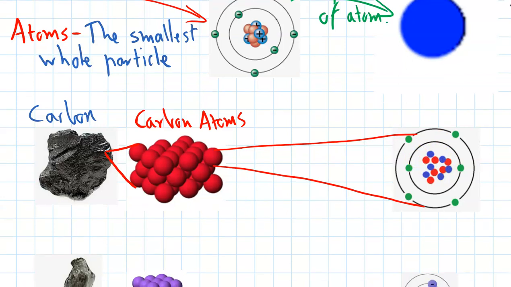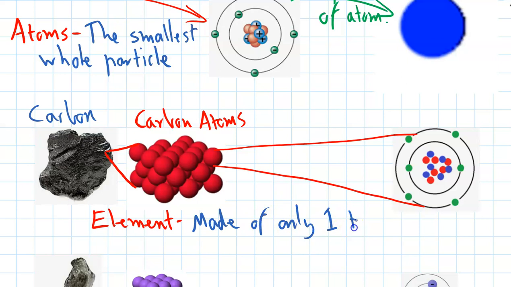So in a material, if a material is made up of all the same atom, then that's called an element. So elements are made of only one type of atom.